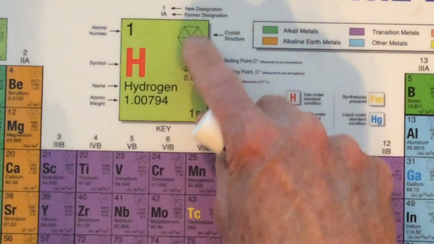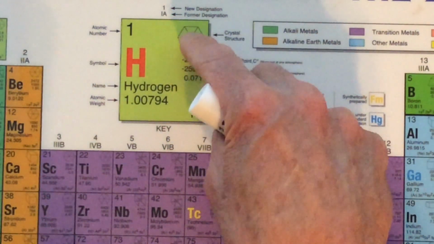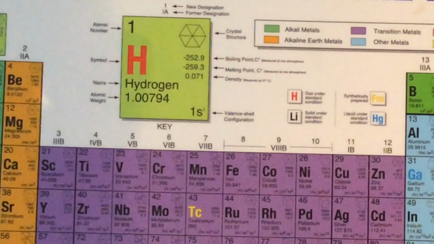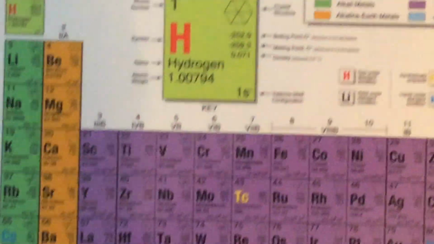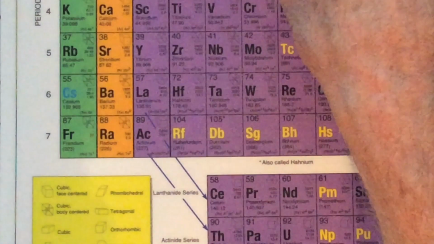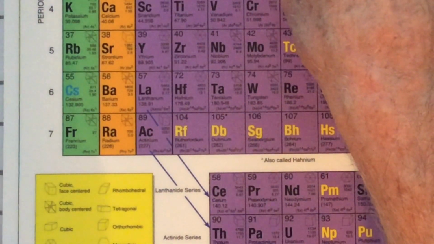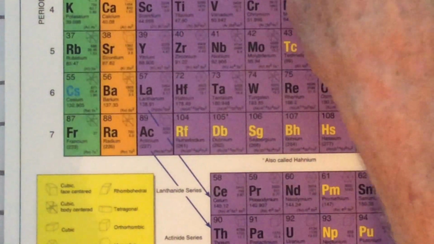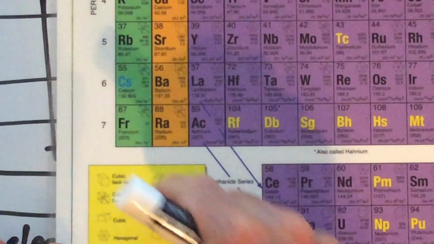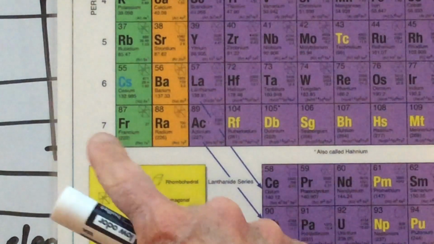Also, you see this up here. This is the actual crystallographic structure of that element, and we're going to be talking about those in the next day or so. You'll see this designation here being a hexagonal type crystalline structure, and those are categorized down here.